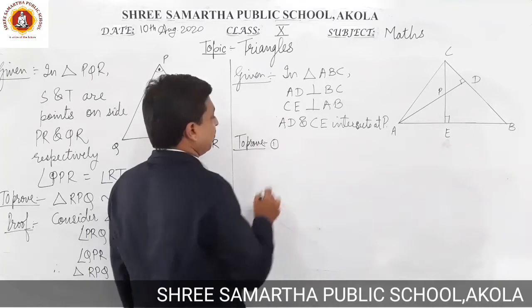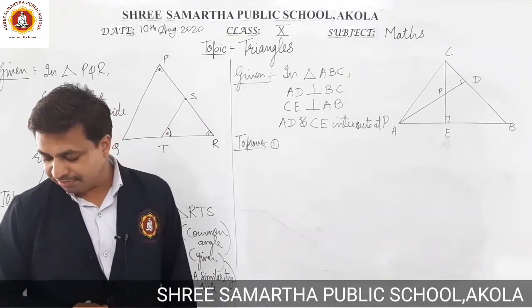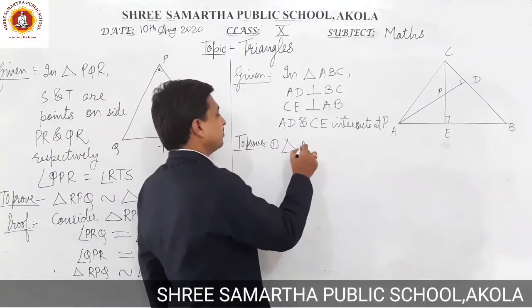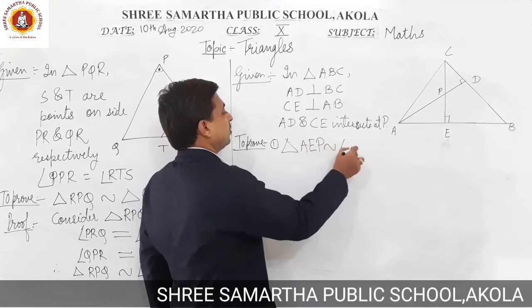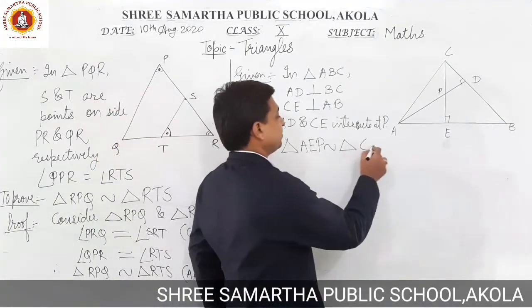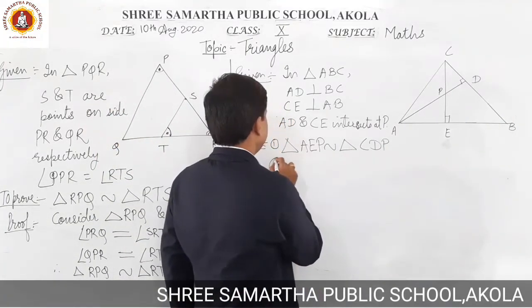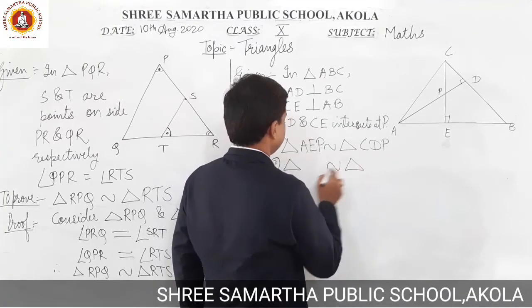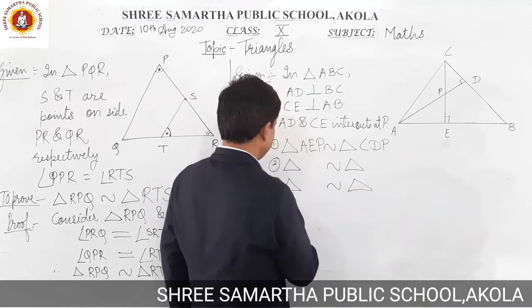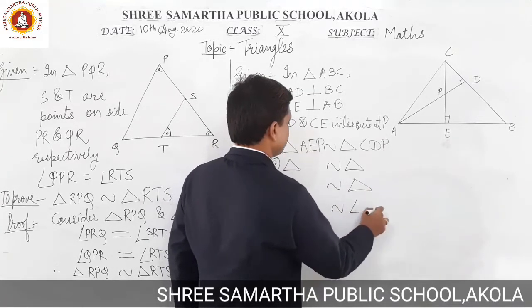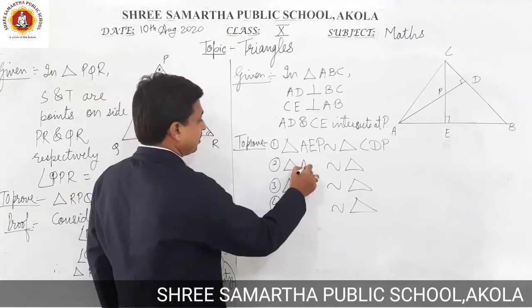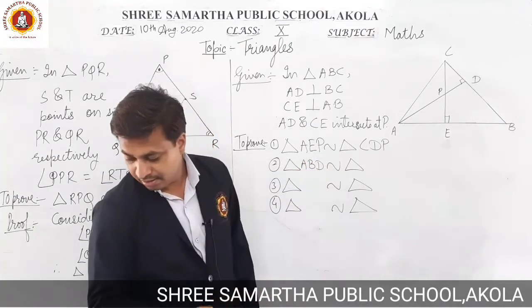now to prove there are four things that we need to prove here. First, triangle AEP is similar to triangle CDP. Second, triangle ABD is similar to triangle CBE.